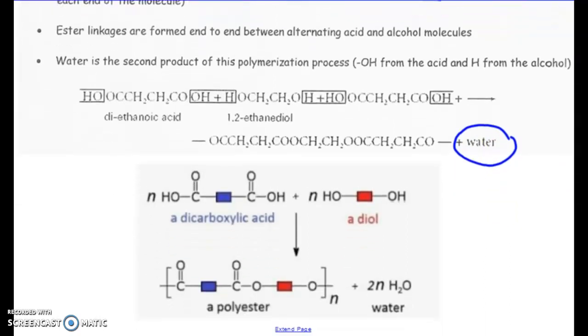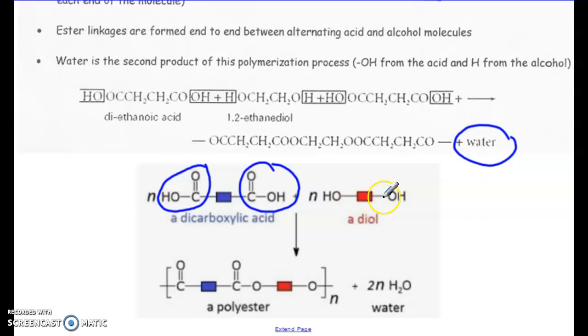So this picture down here kind of shows you what's happening, right? So here you have your carboxyls on either end. So this blue rectangle can mean that you can have any number of carbons here. So this can be 6 carbons in length, 7 carbons in length. It doesn't matter. What matters is you need a carboxyl on either end. Same thing with the alcohol.